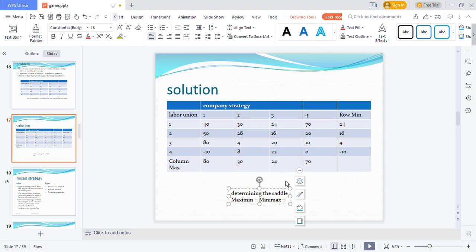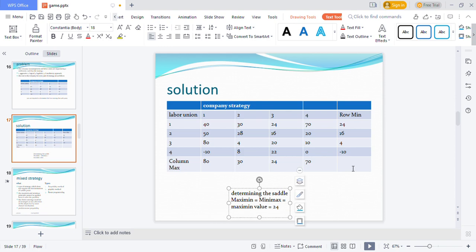If you look at the column maximum and the row minimum, in the row minimum you take the maximum. So the maximin value will be 24, the maximum of 24, 16, 4 and 10. The maximum of the row minimum is 24.